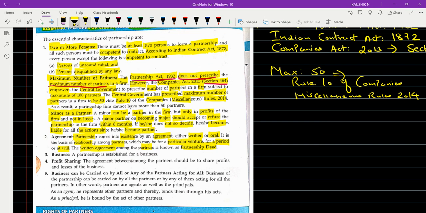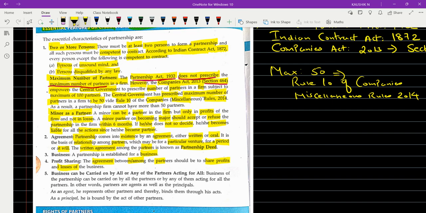Right. The next comes about your business. Partnership is established for a business purpose, and profit sharing is very simple. The agreement among the partners should be to share the profits and losses of the business.